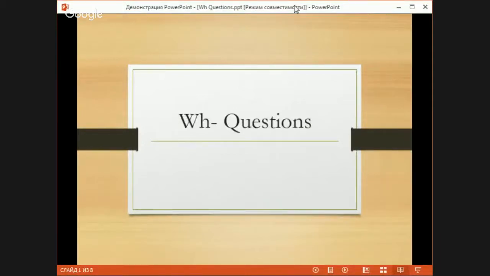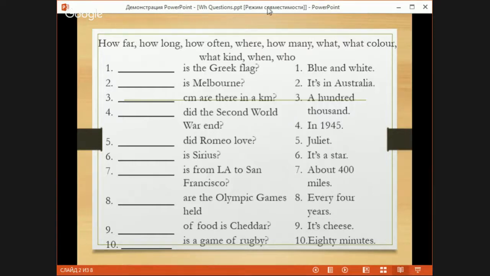So we have here WH questions, and the first task which you got here, you have different question words, more than I wrote on the board. Actually, almost the same, but with some longer formation.